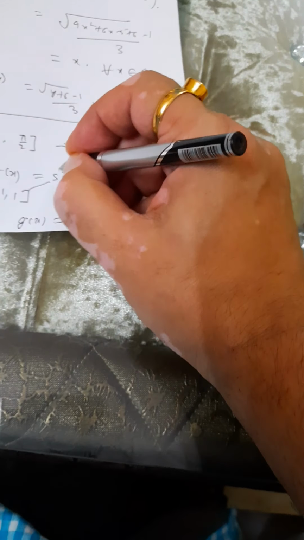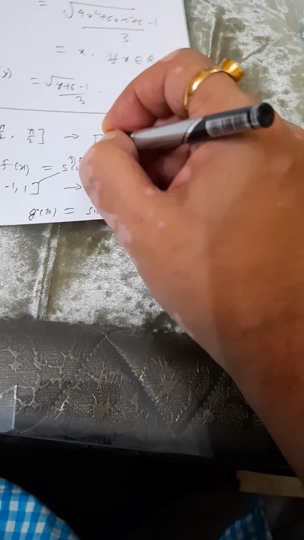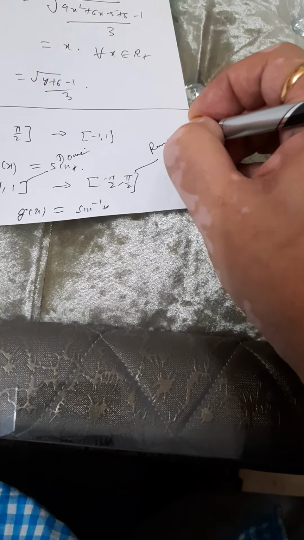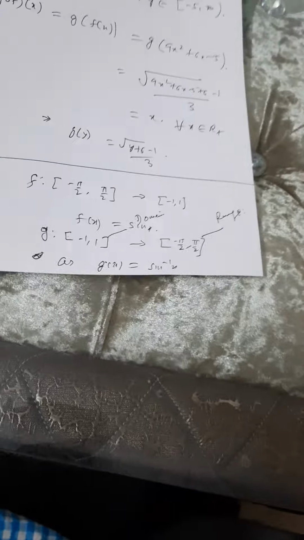So that is again an invertible function. This is the domain, this is the range. So this is the domain of sine inverse x, this is the range. Likewise in inverse trigonometry, we have this as domain, this as range, which you have to remember.